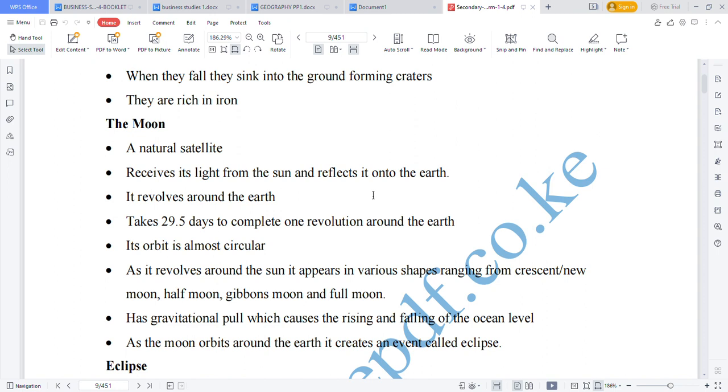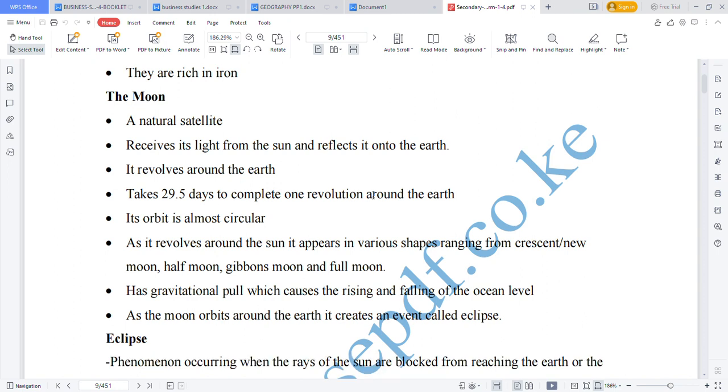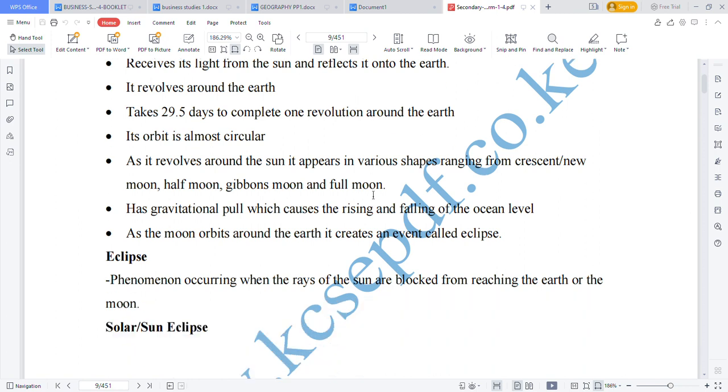Then we have the Moon. A natural satellite, it receives its light from the Sun and reflects it on the Earth. It revolves around the Earth and takes 29.5 days to complete one revolution. Its orbit is almost circular.